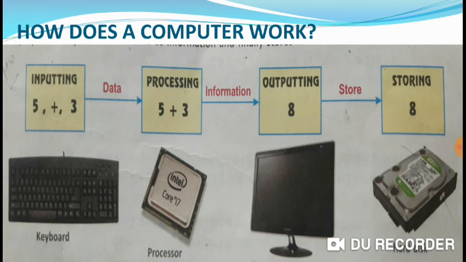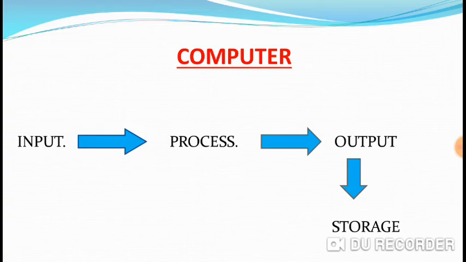At the same time, the data and information is also stored in the memory, that is the hard disk. Here we can see that a computer consists of input, process, output, and storage units.